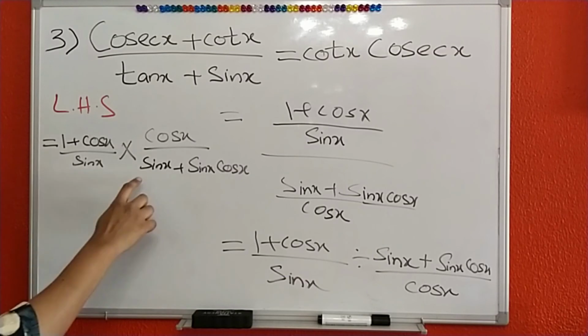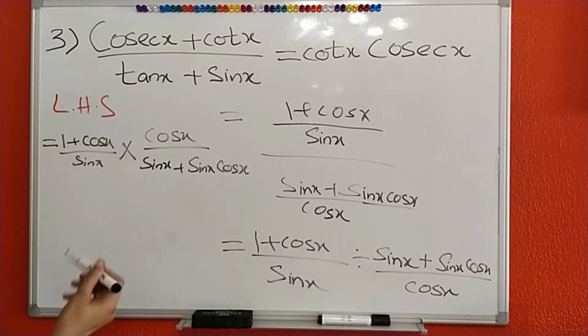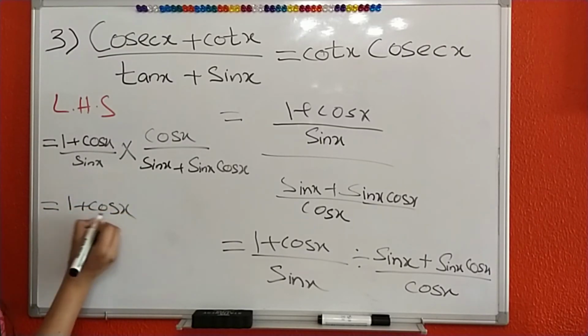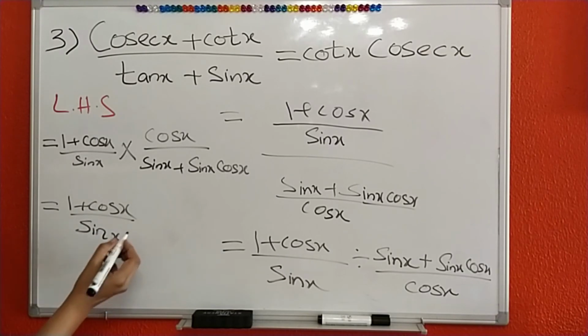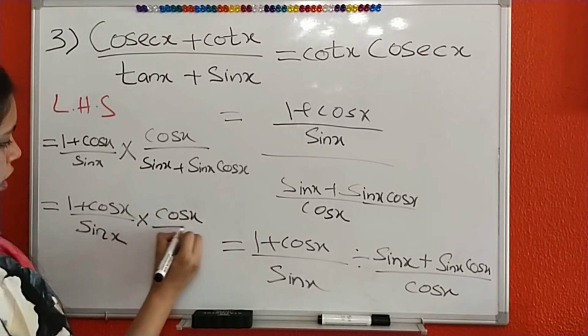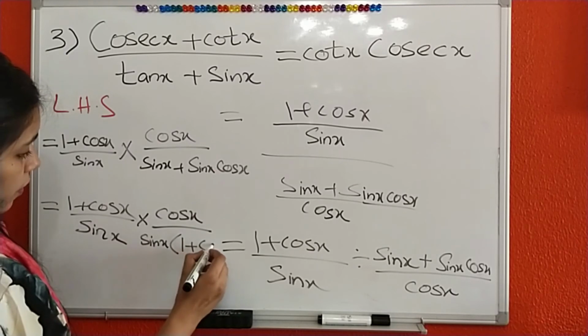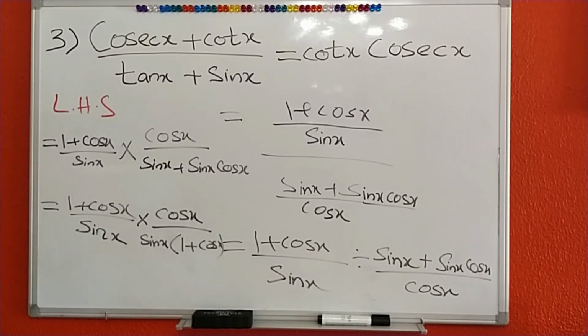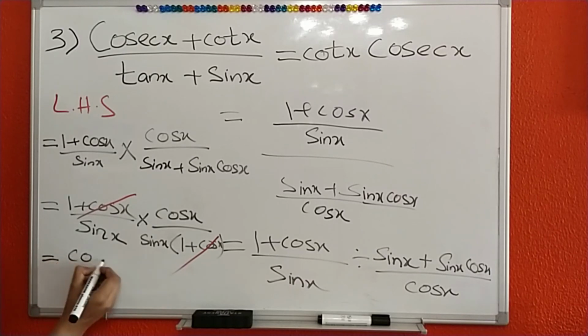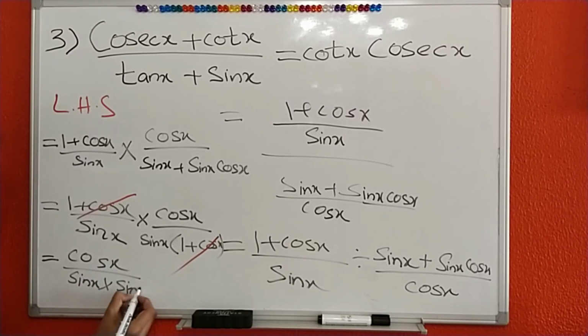To cancel something, I'm taking sin x common from here. 1 plus cos x upon sin x multiplied by cos x over sin x into 1 plus cos x. Now these two cancelled each other. So what I have left now is cos x over sin x multiplied by sin x.